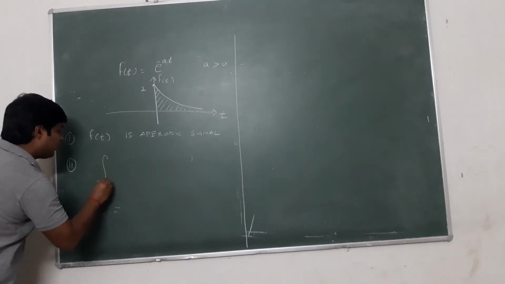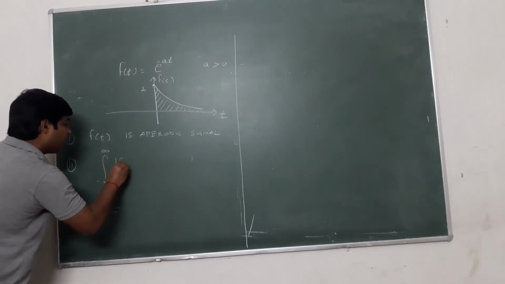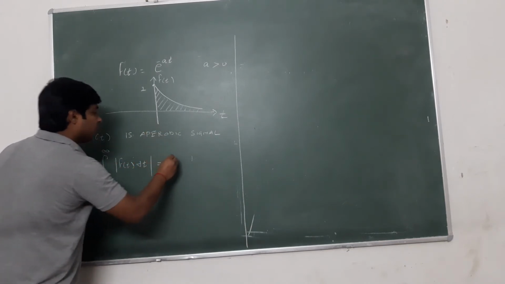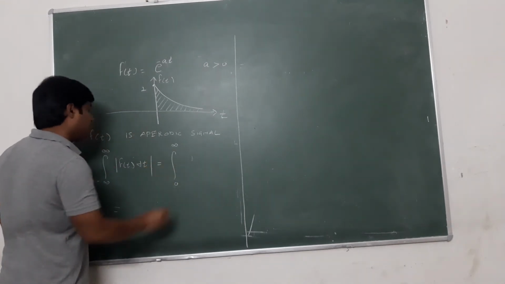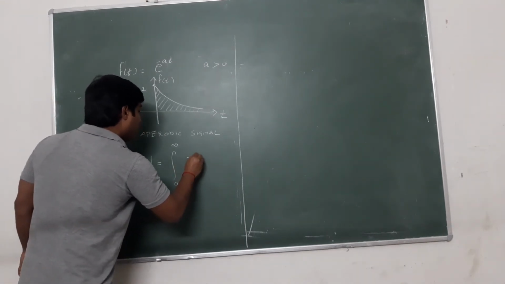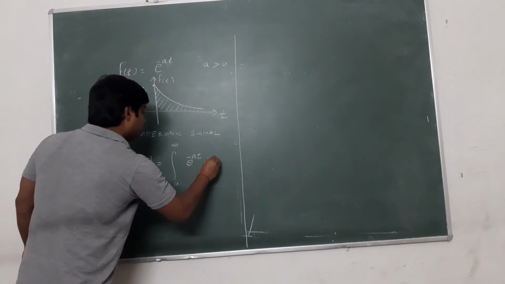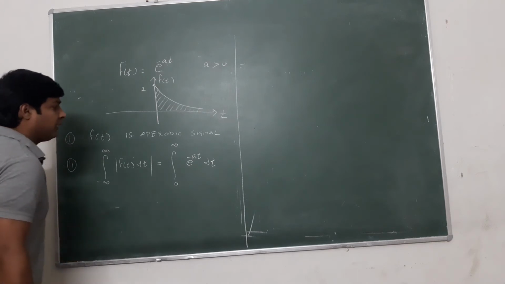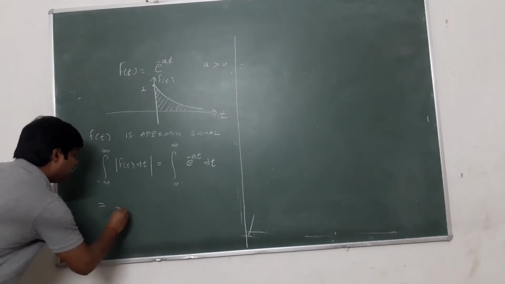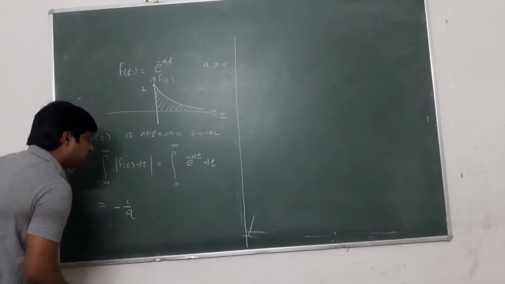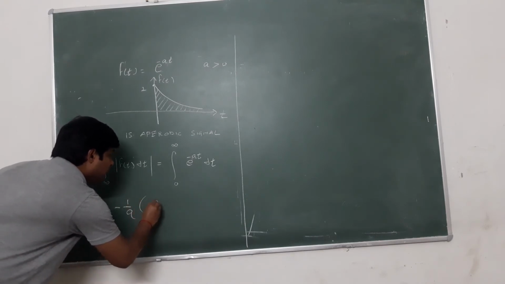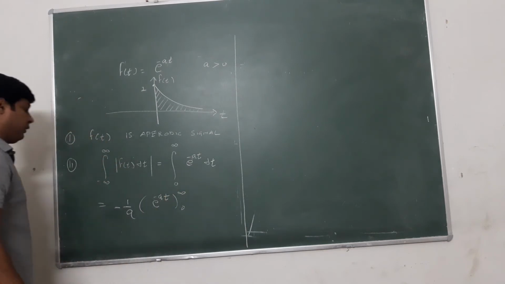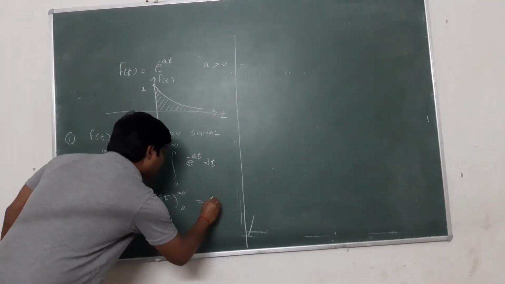Let us check that. The integral from minus infinity to infinity of mod f(t) dt is equal to, with the limits changing from 0 to infinity, the integral of e to the power minus at dt, which is minus 1 by a times e to the power minus at from 0 to infinity, equal to 1 by a.